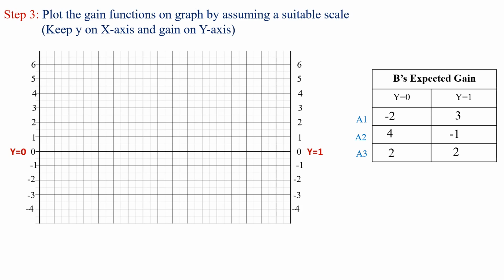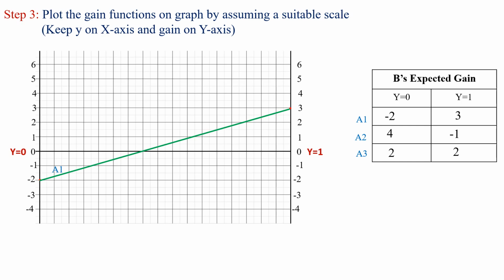First strategy gain values are minus 2 and 3. So we mark minus 2 at y equal to 0 and mark 3 at y equal to 1. Then I join these 2 points by a line, and this is the A1 line.